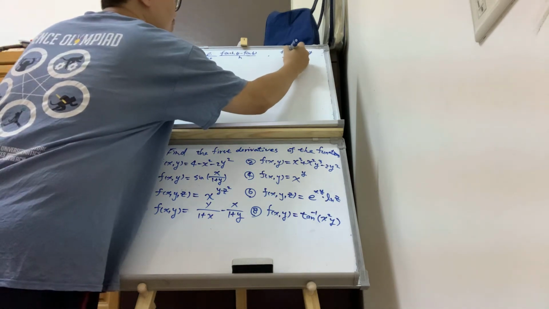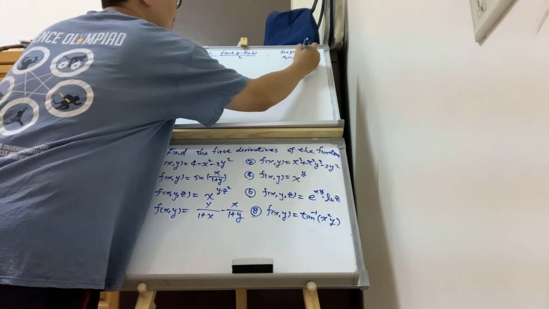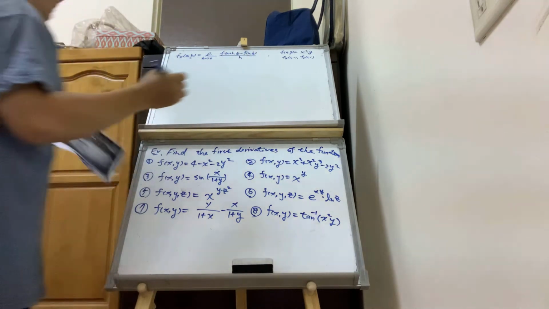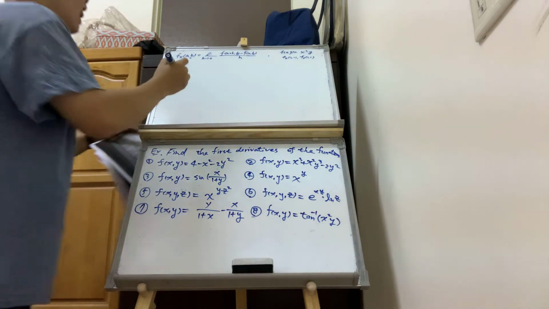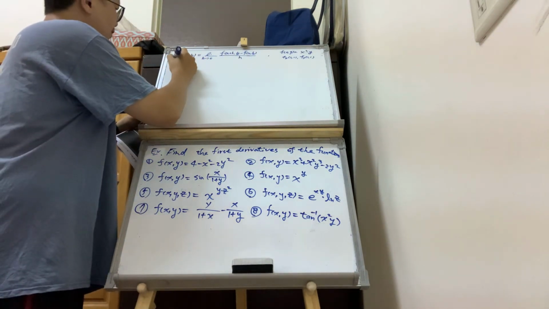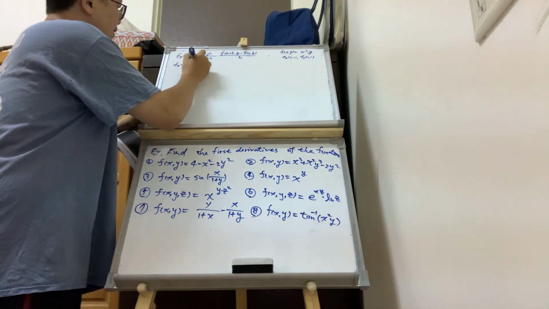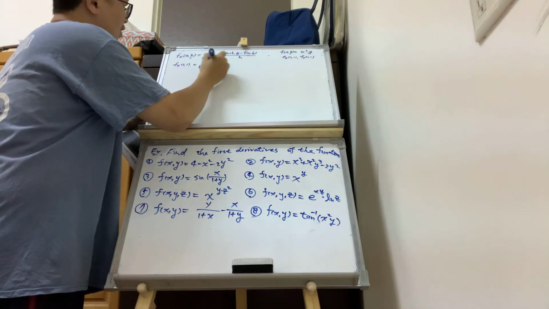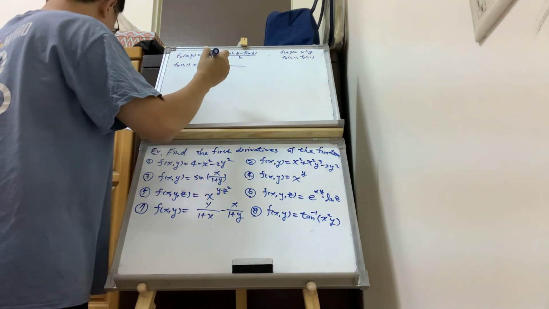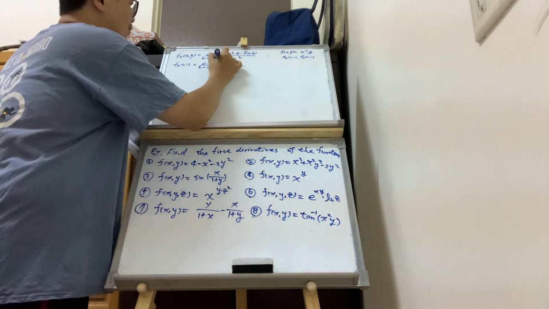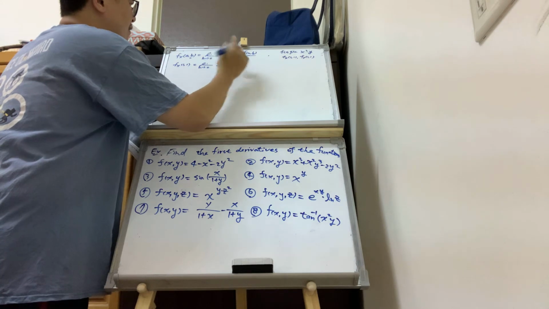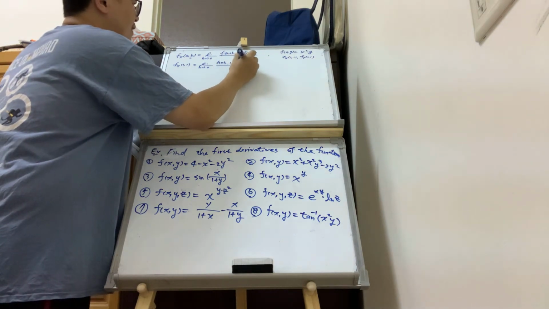We want to know this one and this one, and let's see how to solve it. If we just follow the definition, at (1, 1), it is the limit as h approaches 0 of f(1 plus h, 1) minus f(1, 1), divided by h.